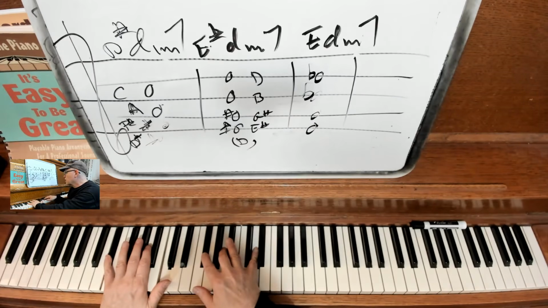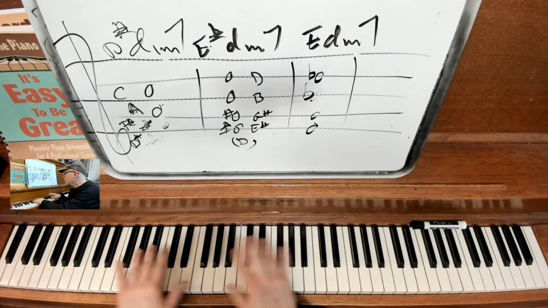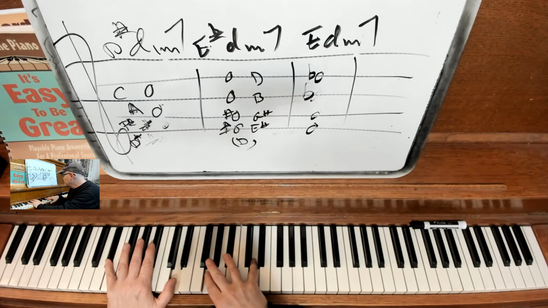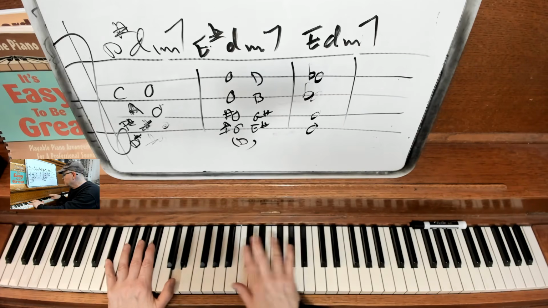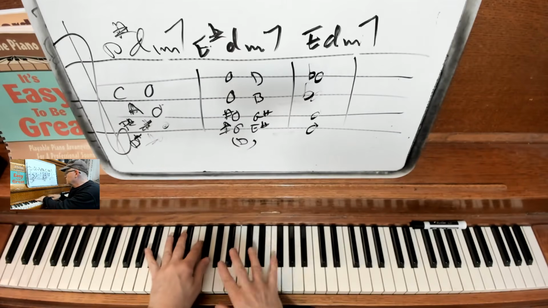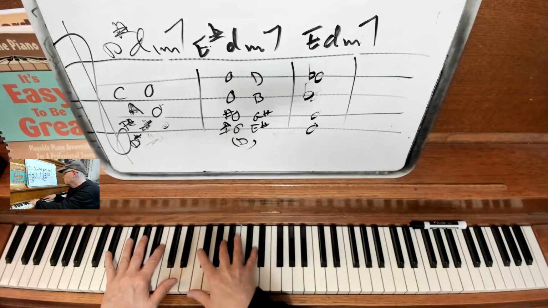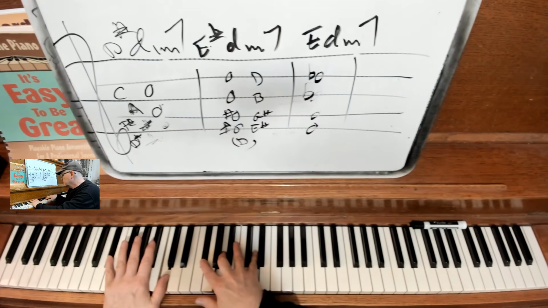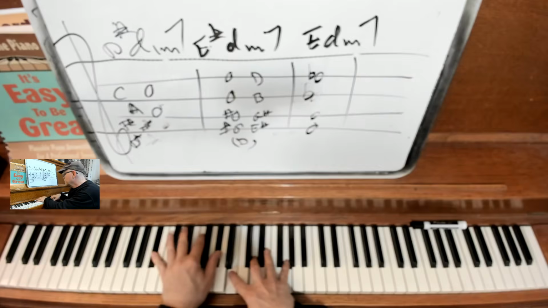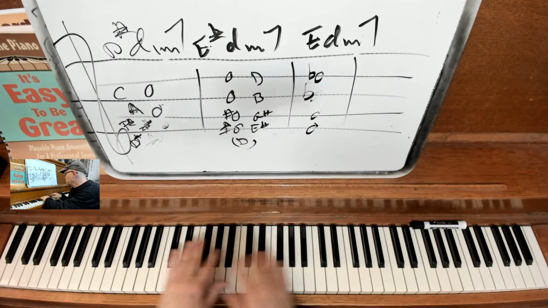And then you can resolve, instead of, I mean, that's fine, but it gets to be a little bit predictable, right? So that's a nicer sound. And then resolving to the major 7. Or very intense.